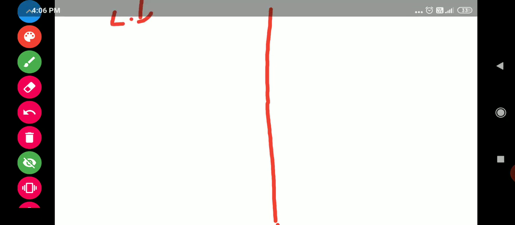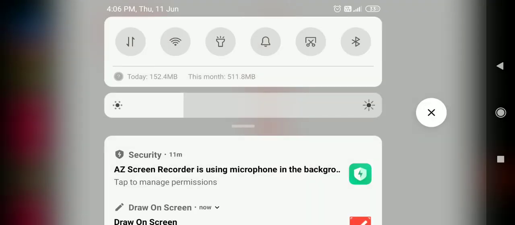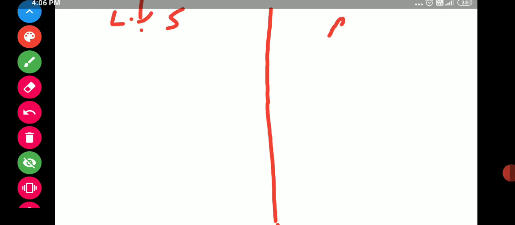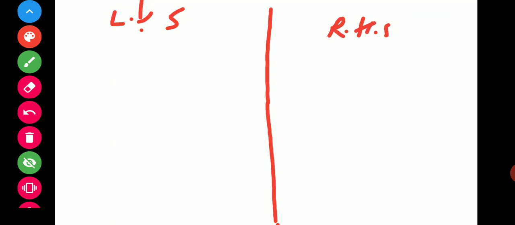It has two parts. First one is the left hand side, and second one is the right hand side. So how can we write it?